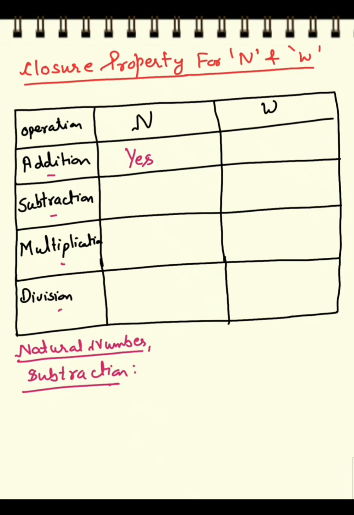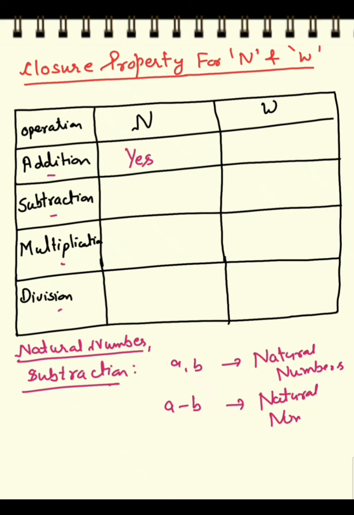Now let's see for subtraction. Means A and B are two natural numbers. Then their subtraction, A minus B, is also a natural number.